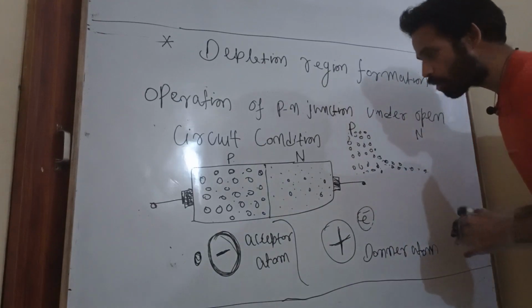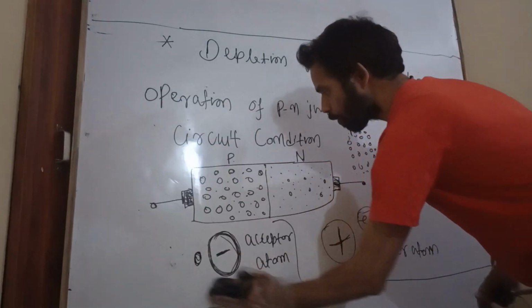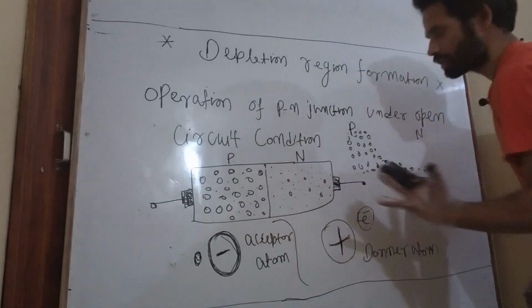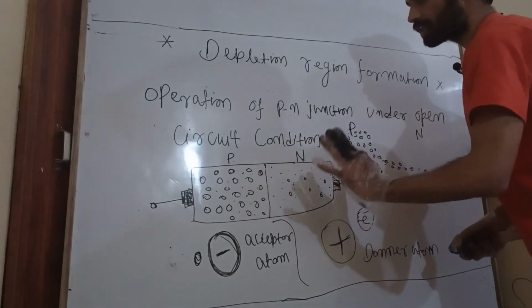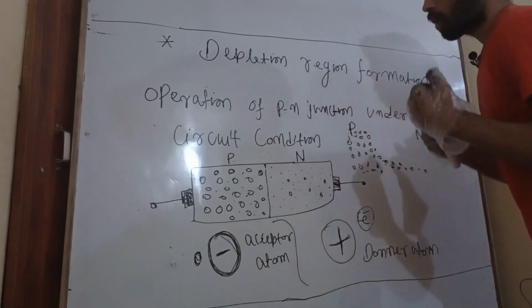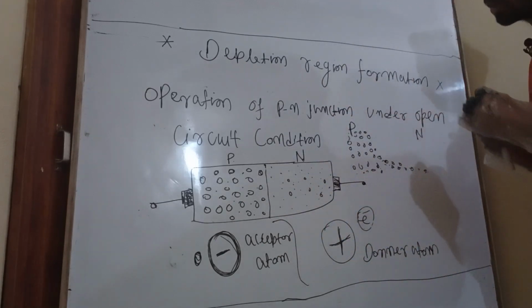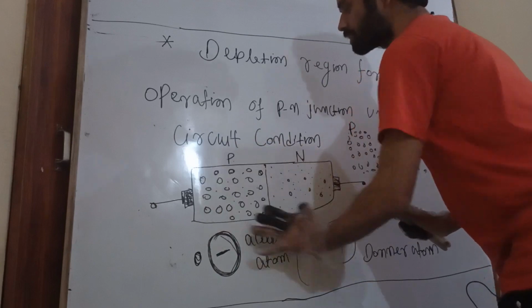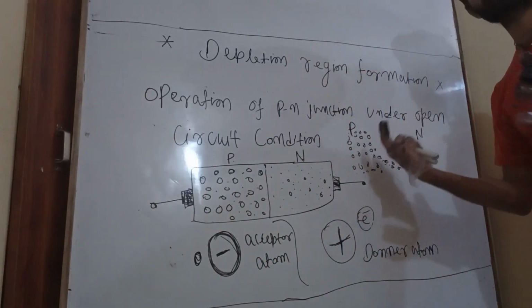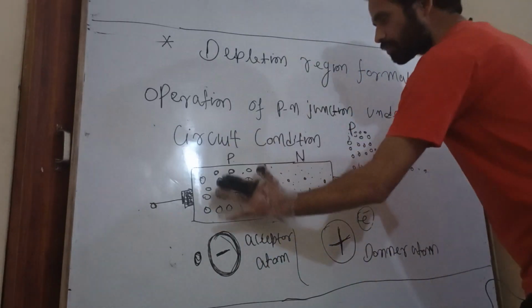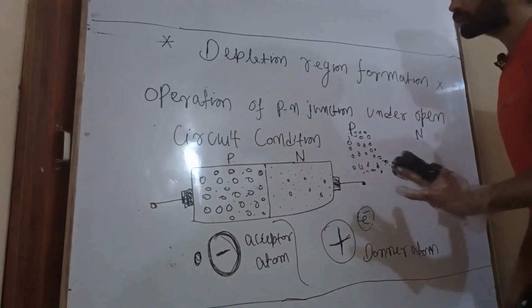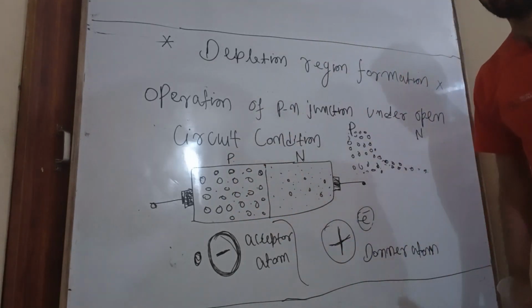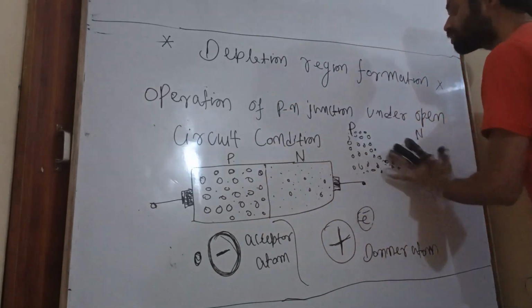Under open circuit condition, some type of process is happening within this P and N region. This process is nothing but diffusion.